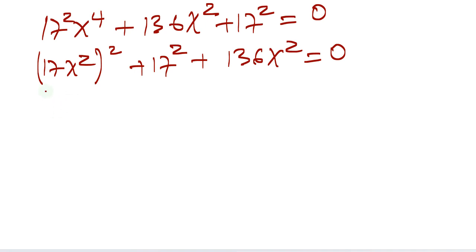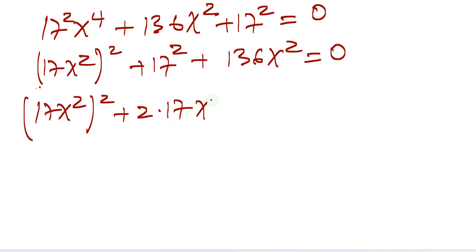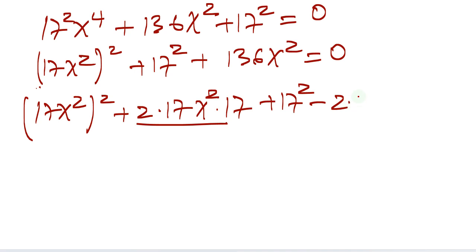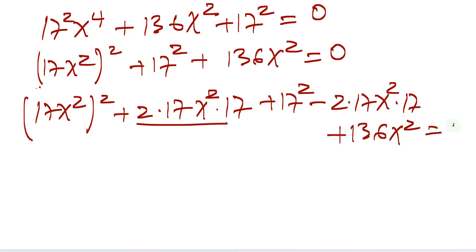Now I'm simplifying this quickly by completing the square. We have 17x squared, all squared, plus 2 times 17x squared times 17, plus 17 squared, and then I have to take out the term minus 2 times 17x squared times 17, plus this one here, 136 x squared, equals 0.